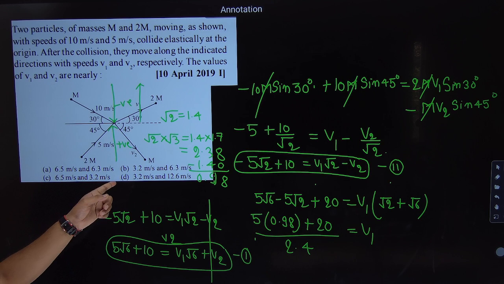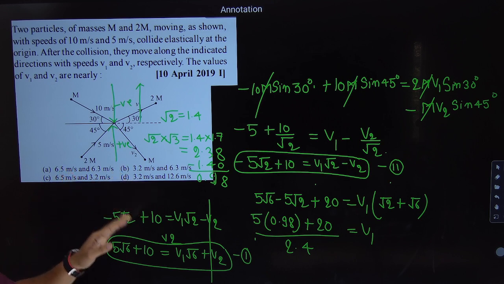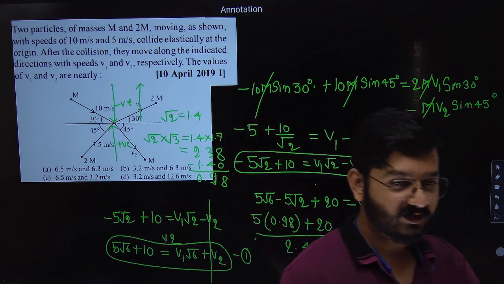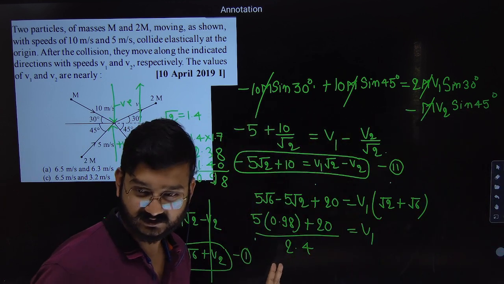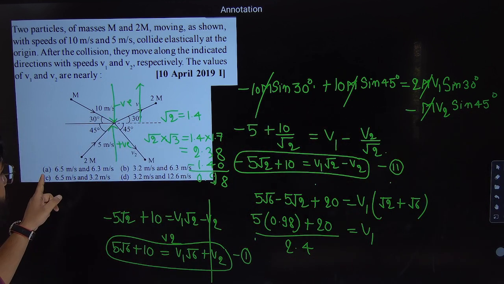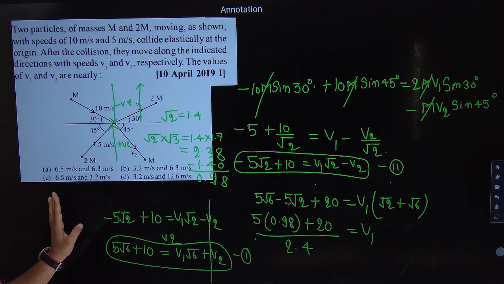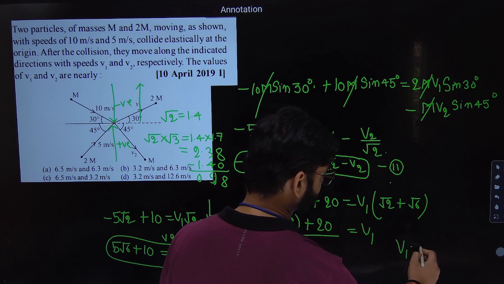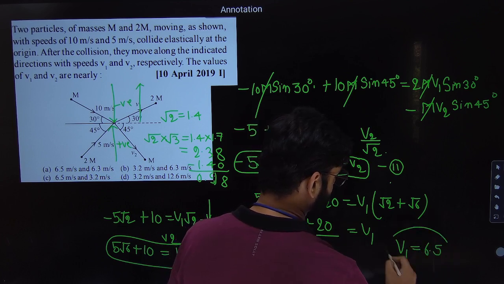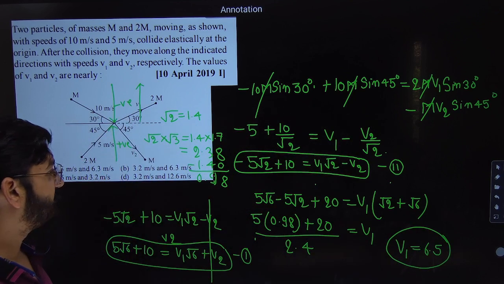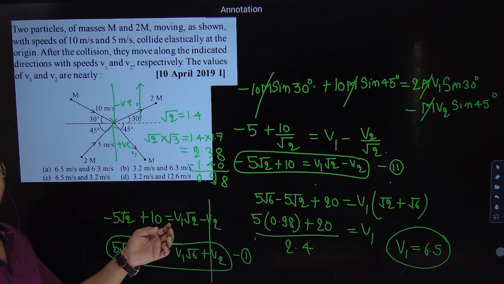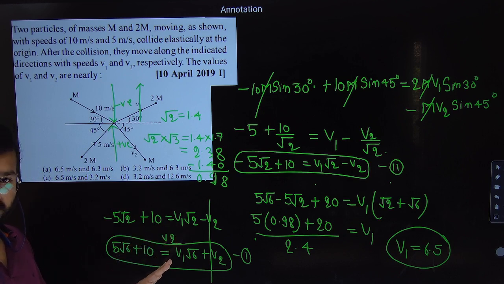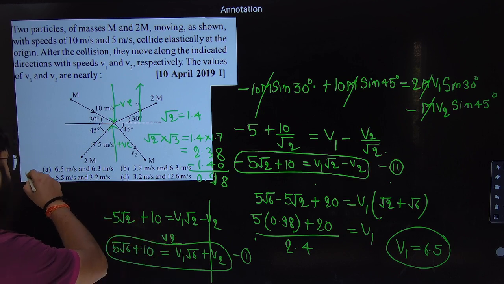Which option? If you see, 3.2 is not possible. So it should be close to 6.5. Now you will say, sir, how? I'm taking too much approximation. That's why it is happening. So what is the closest option? 6.5. Now, once you have V1, you can substitute in any equation, you will get V2. It will be option A.